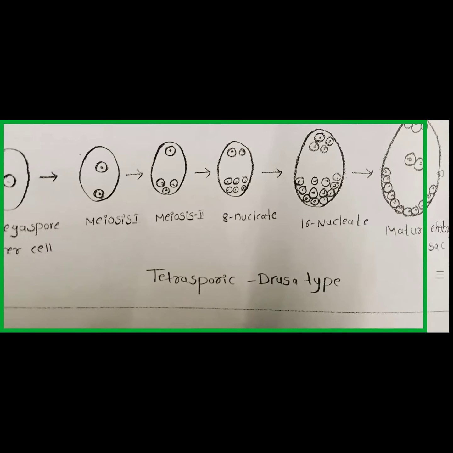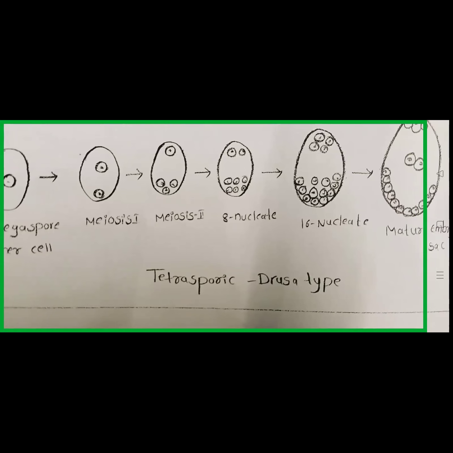The arrangement is different. So then what happened? It goes through successive mitotic divisions. After the first mitosis, 8 nuclei are present, where 1 becomes 2 at the micropylar end and 3 become 6 at the chalazal end.